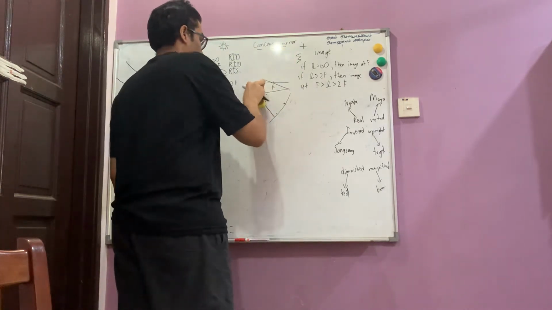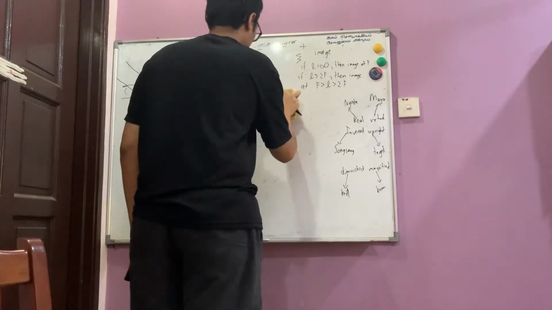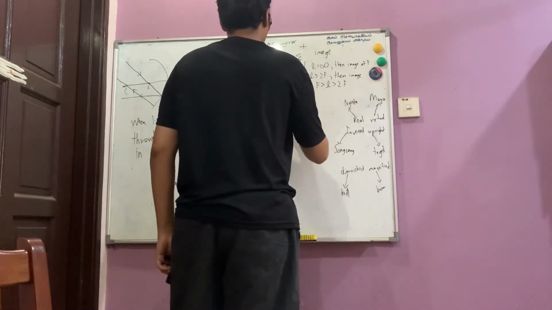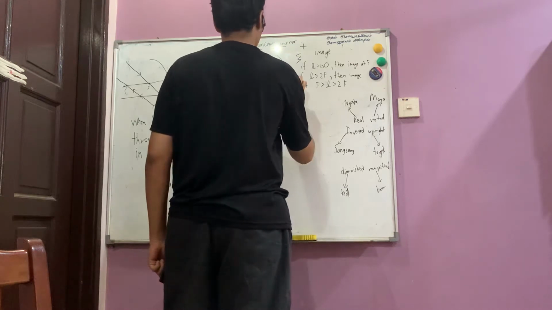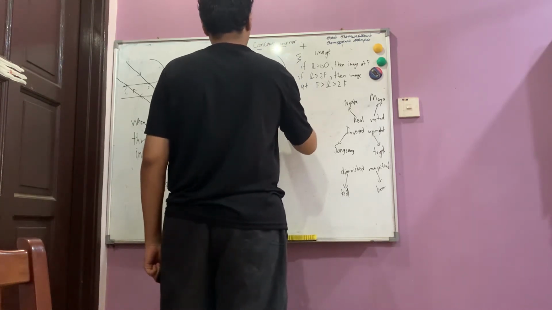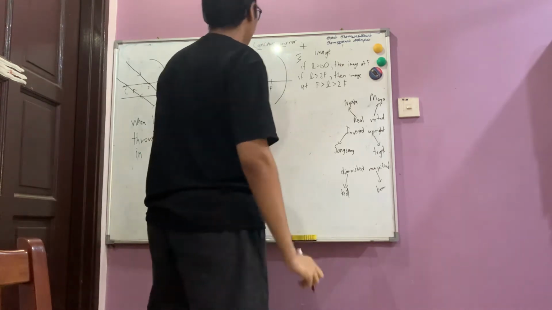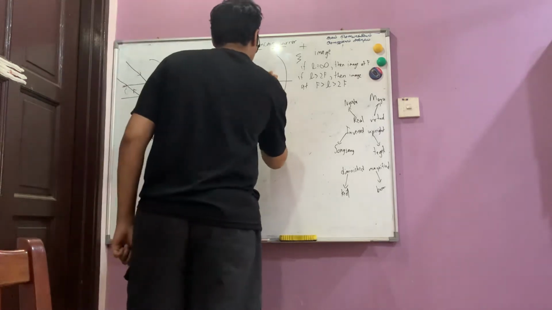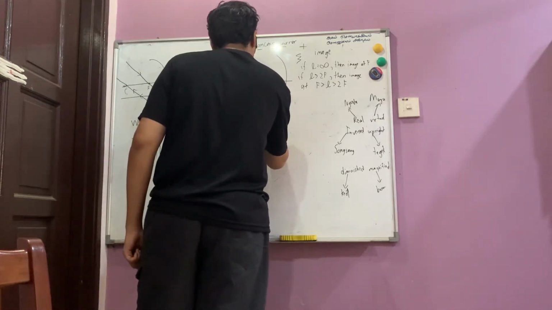F, C. When the object is directly at C, I'll draw one arrow here.